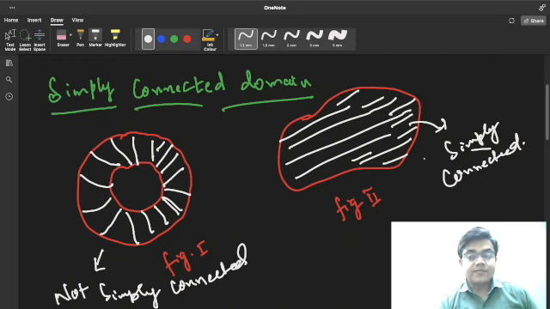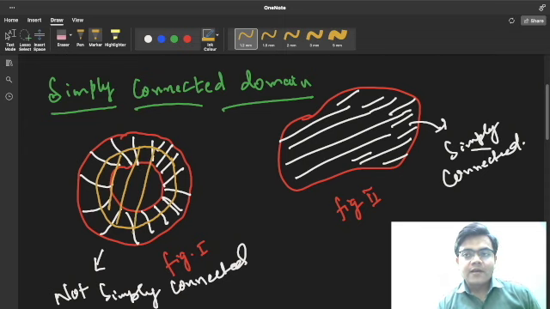All right, yes. Now I would like to observe one more interesting fact over here. You can see if you take any closed curve inside this domain, and then try to see its area, you can see its area is outside the domain, outside this white portion.